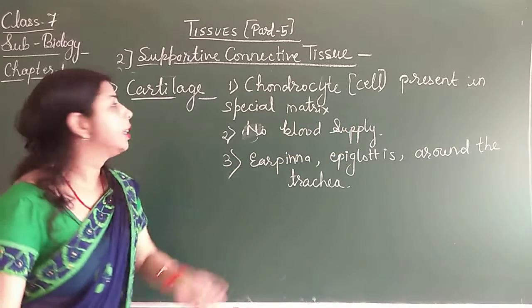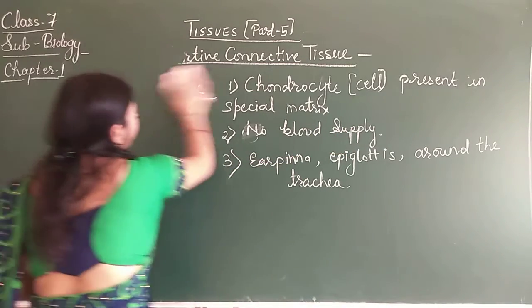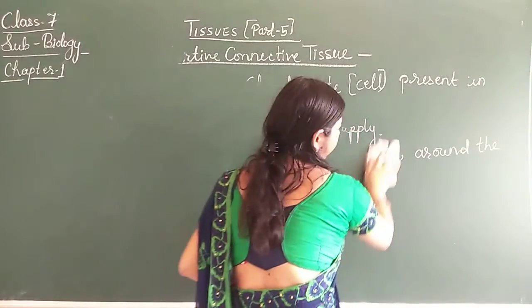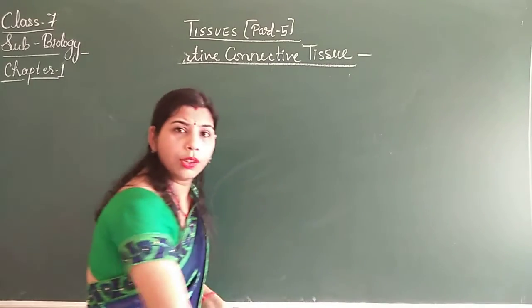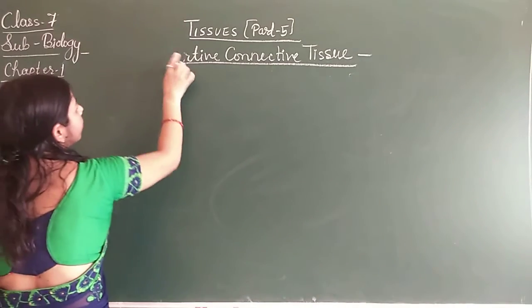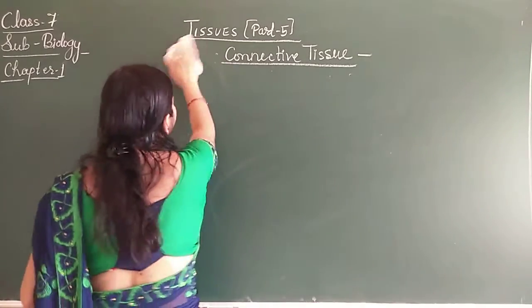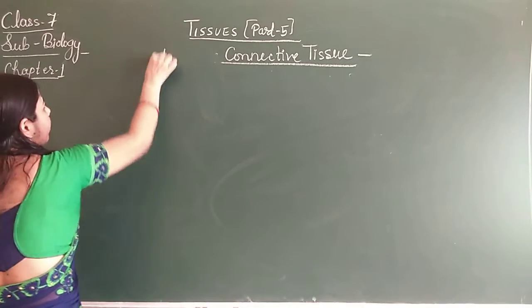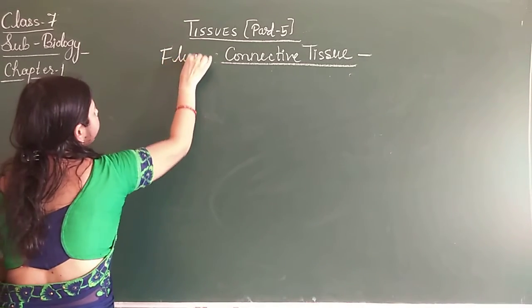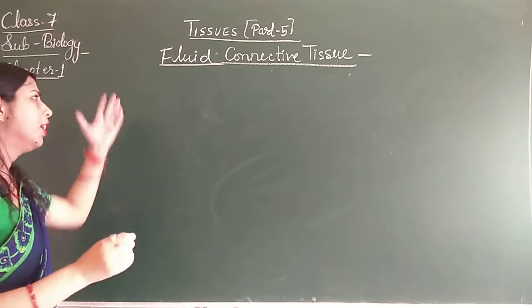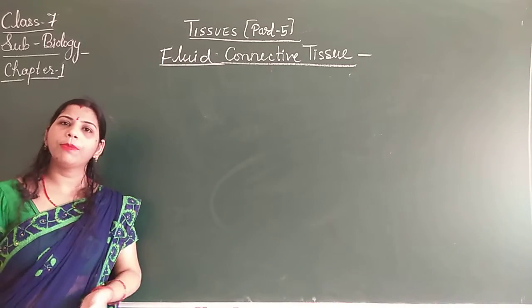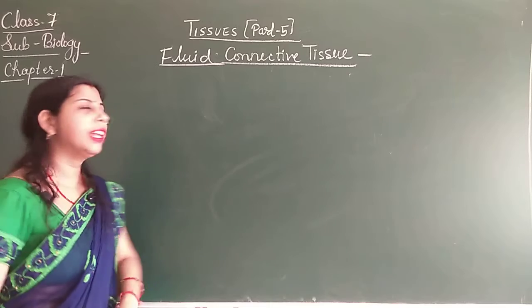Now the next connective tissue, the fluid connective tissue. It is again of two types. As fluid means the liquid part, we have two types of liquid in our body: one is blood and one is lymph.